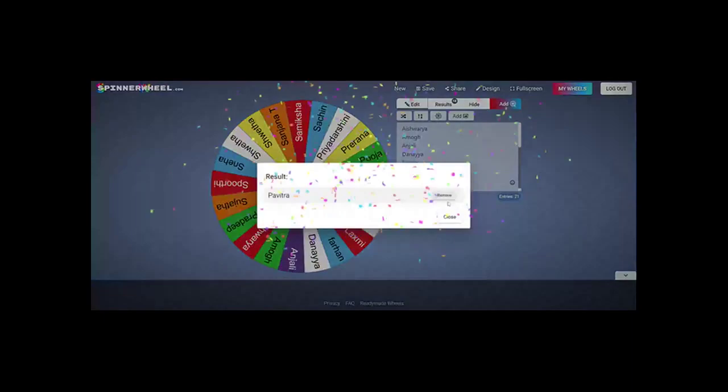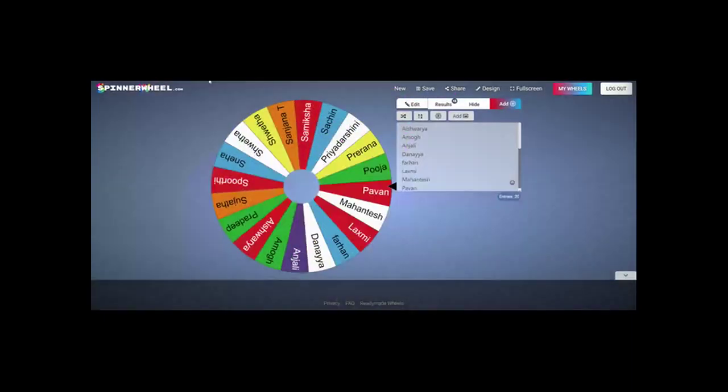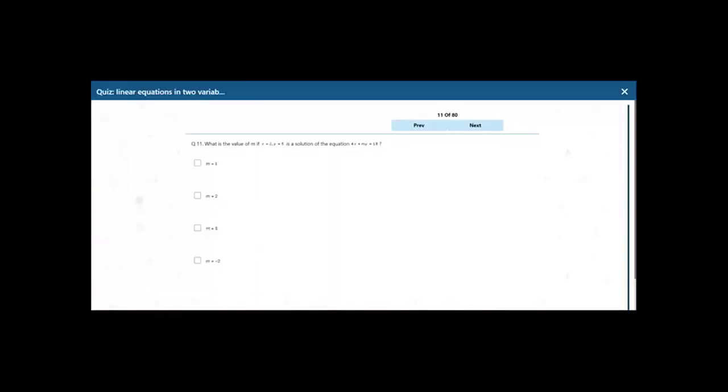Pavitra? Yes, ma'am. This question is for you. What is the value of m if x is equal to 2, y equal to 5 is a solution of 4x plus my equal to 18?